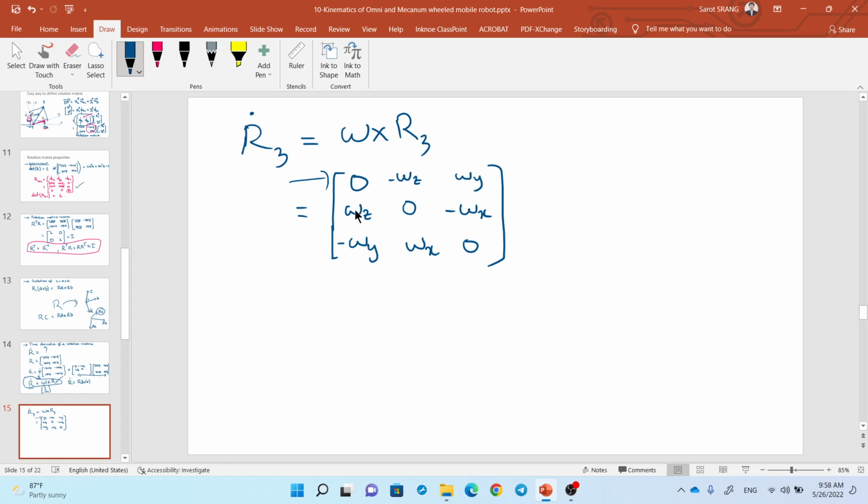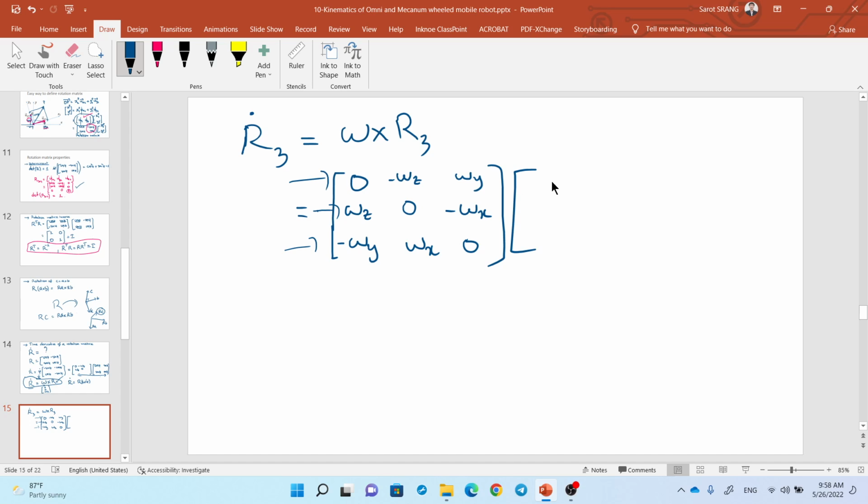Each row has only one minus sign, and the row of x has no omega x, the row for y has no omega y, and the row for z has no omega z. So it's easy to construct this.